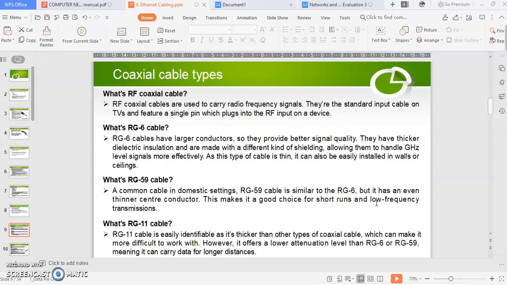Again, as they say, the longer the wire, the higher the resistance. The higher the resistance, it could affect the transmission of your information.